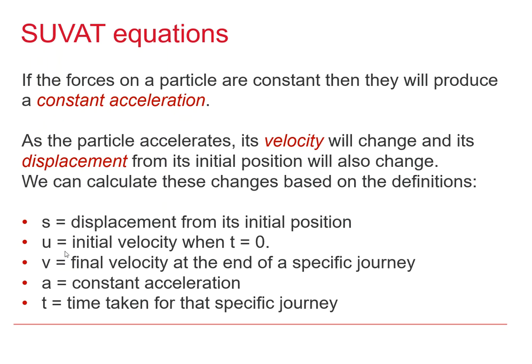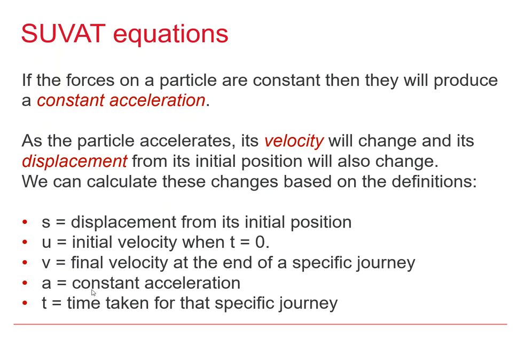And then u stands for the initial velocity, so that's the velocity at time t equals 0. And v is, well, you can either think of it as the final velocity at the end of a particular journey, or if we're thinking of this as something which is changing over time, it's the value of the velocity at time t.